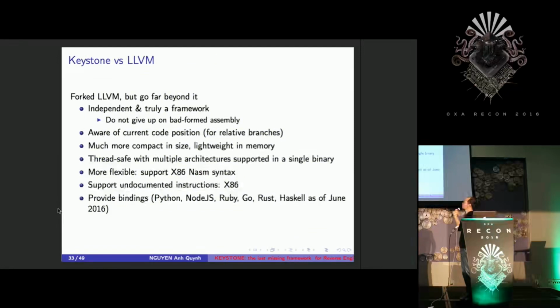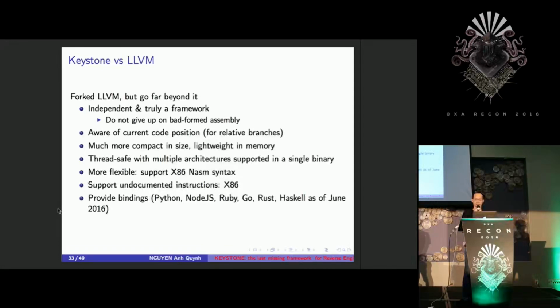So you can say that because Keystone is built on LLVM, it is the same thing, but actually it's not. I would say that Keystone is built on LLVM, but it can do a lot more. Keystone is an independent framework, a true framework, not like LLVM. LLVM is more like a tool than a framework.